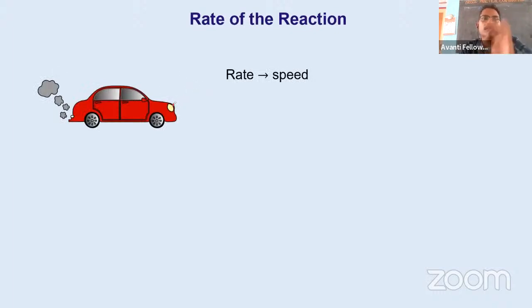Suppose this vehicle was initially at A, and after some time it reached B, and the distance between them is 100 meters, and it takes 20 minutes to cover this distance. Then what is the speed of this car?